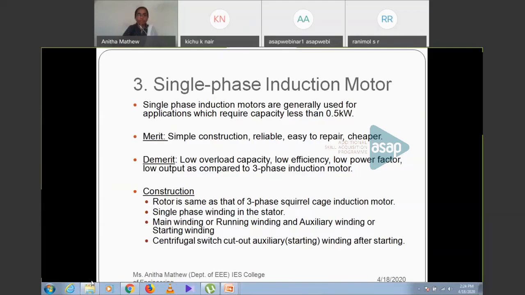Okay, then another question is from Aparna Ashok. Why does an induction generator deliver only lagging current? Because the basic function of a generator is that it provides current to the mains.